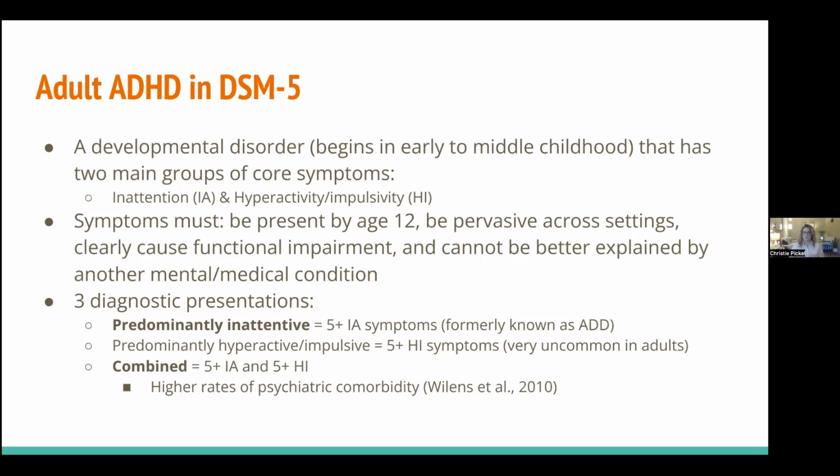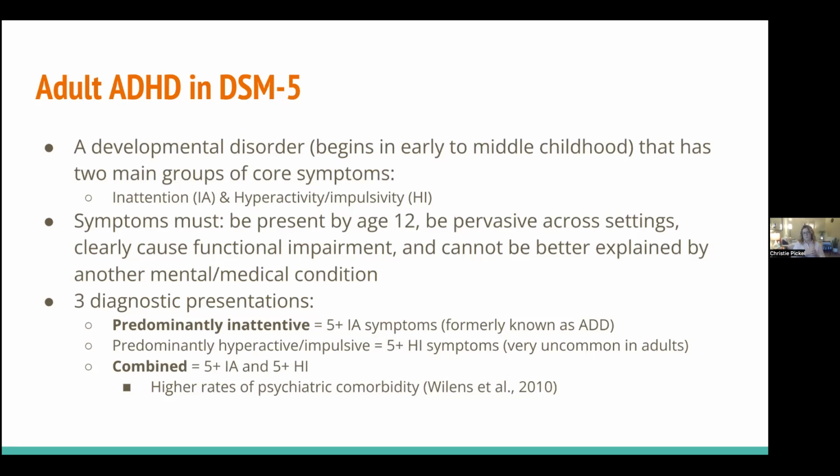There are 18 symptoms, 9 in each domain. And in order to meet criteria, an individual has to have at least 5 symptoms in one of the domains. This can result in 3 diagnostic presentations. Not subtypes anymore, they're presentations, because they can shift a little over time. They're not as rigid as we once thought.